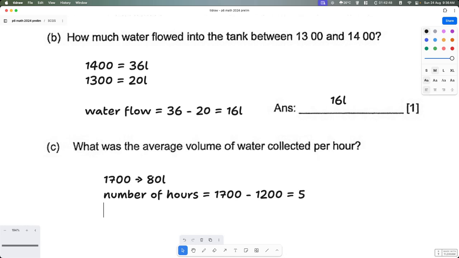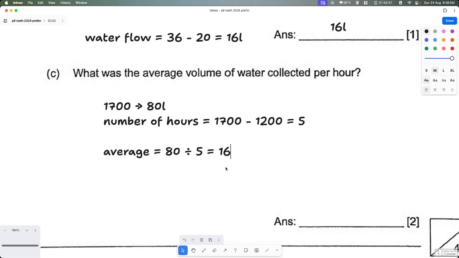So the average is equal to 80 divided by 5, which is equal to 16. The unit is volume of water, which is liters per hour. So we just put here liters per hour.